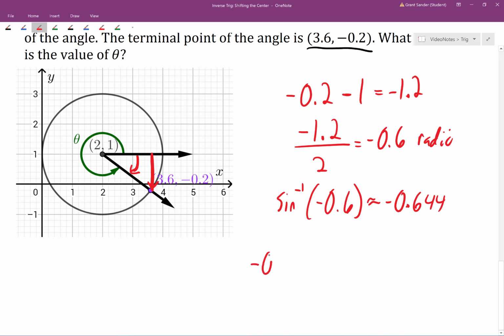So we start at negative 0.644, and then we'll just add an additional 2 pi radians to take us one full rotation around, and that will give us the same result as rotating by theta radians.